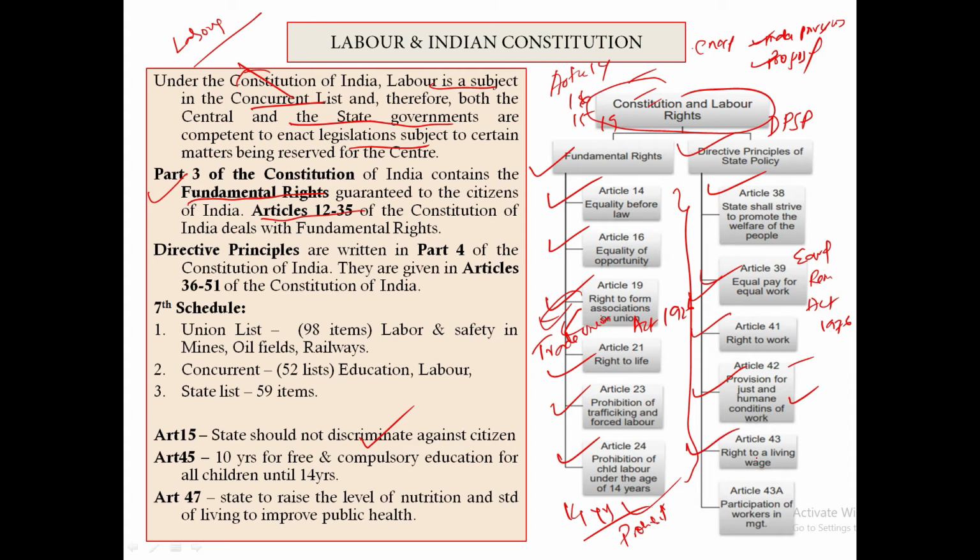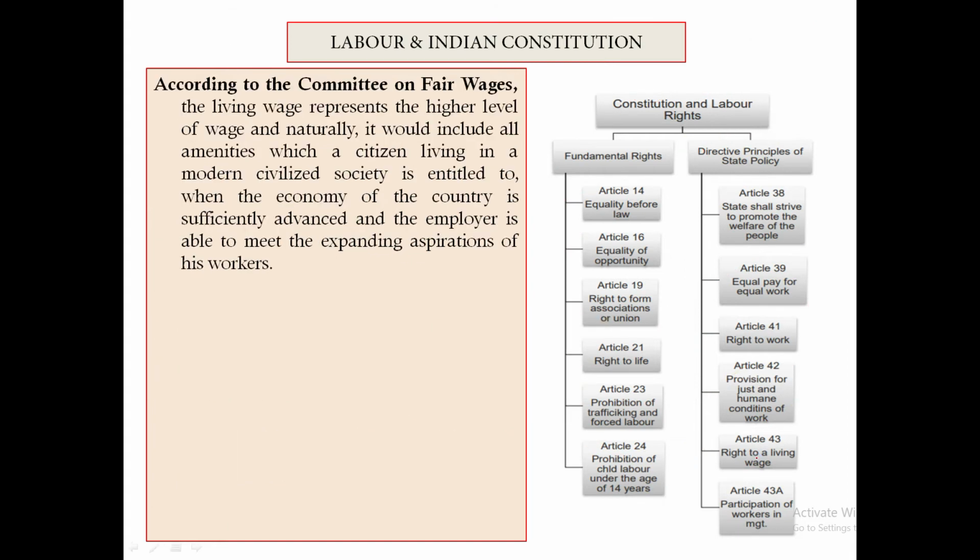And what is right to living wage? Living wage has been defined by the Committee on Fair Wages. The definition is given like it represents the higher level of wage. It should include all amenities of a citizen living in a modern civilized society. So you are at least having a comfortable life, and also able to bear all the expenses that you require for living in modern society.